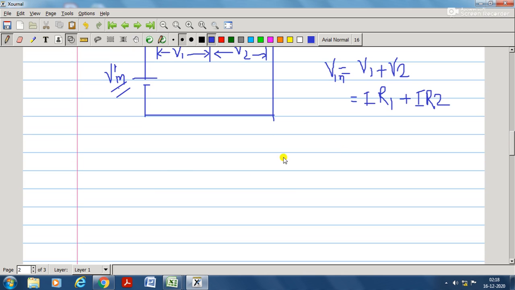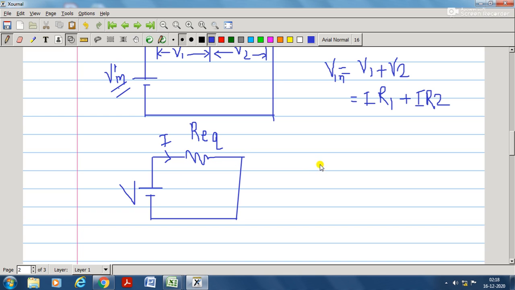So if I replace this R1 plus R2 combination with one equivalent resistor, the circuitry will look like this. This is my R equivalent, and we expect the same amount of current I to flow through R equivalent. Now here the total voltage V will appear across R equivalent.